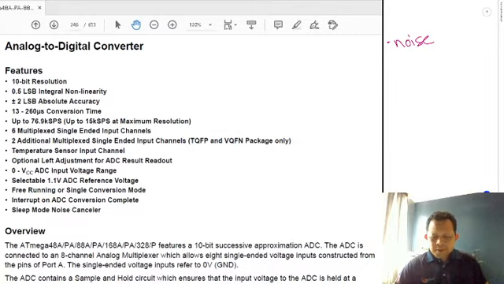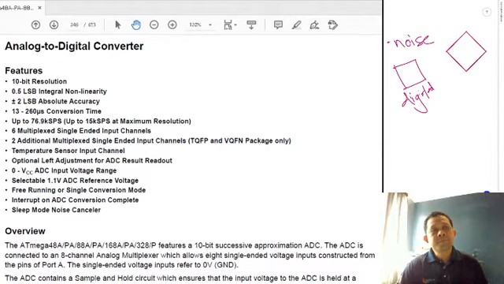Alright. For example, I think we've touched on this a little bit earlier, you have a digital system and you have what you call a mixed signal system.